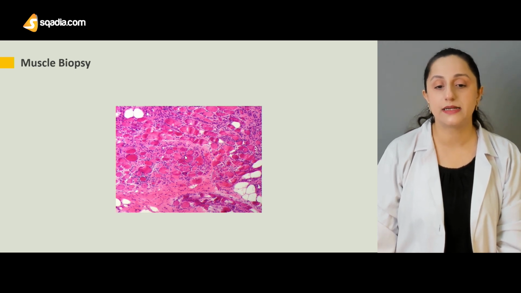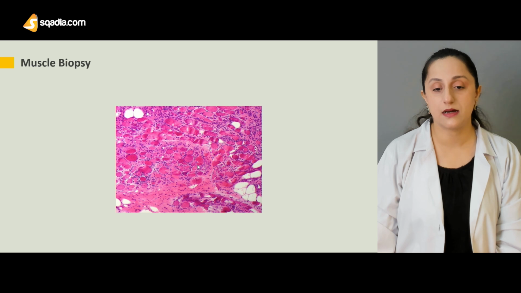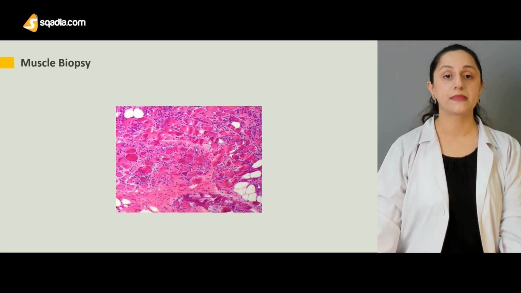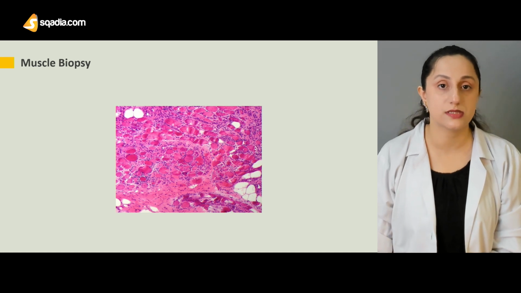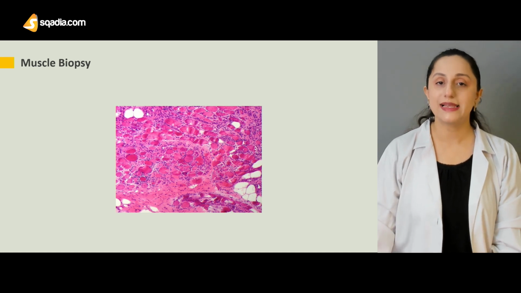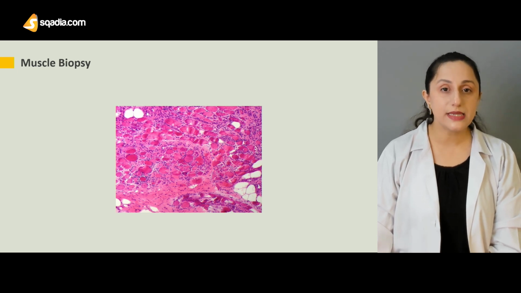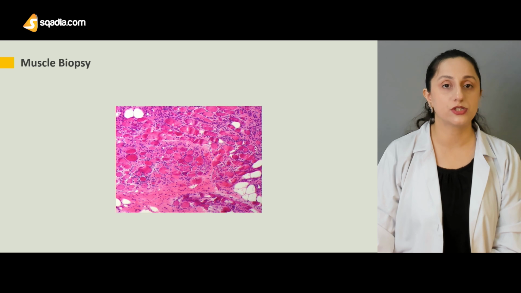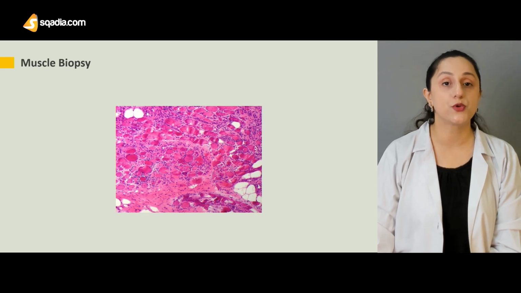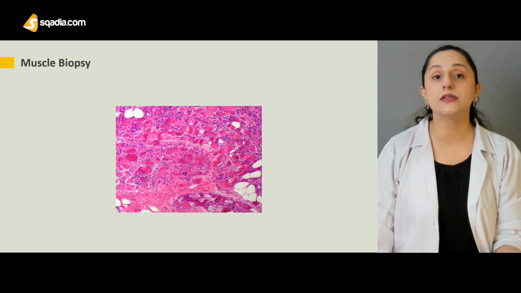So when you look at a cross section, as you can even evaluate over here, as I highlight, these are the particular bundles of the muscles that are present, and there is this perivascular inflammation that is quite significantly present over here, and that is suggestive of the underlying inflammatory responses that are taking place and is highly suggestive of an inflammatory condition rather than something which is more of the pathological processes going on in neuronal damage.